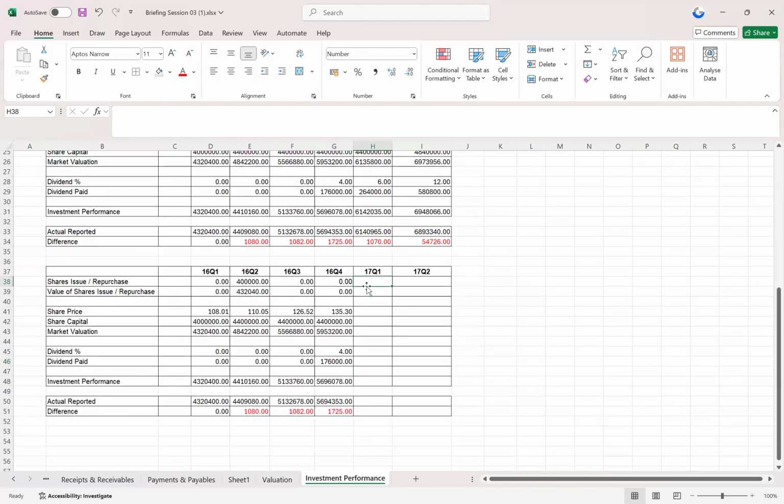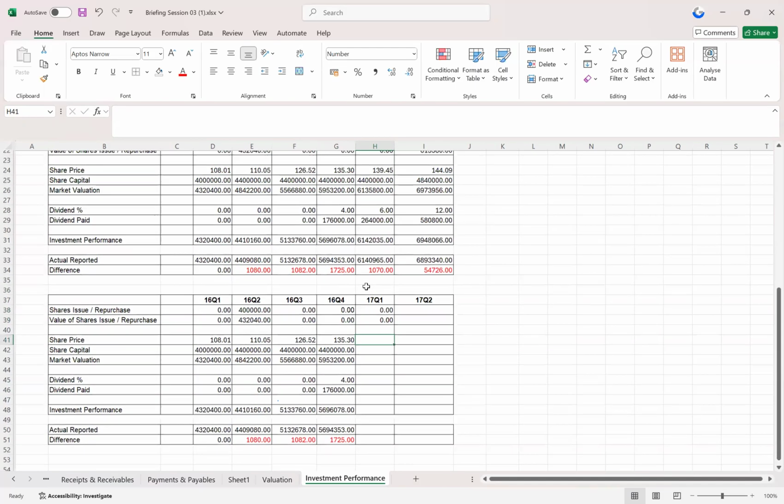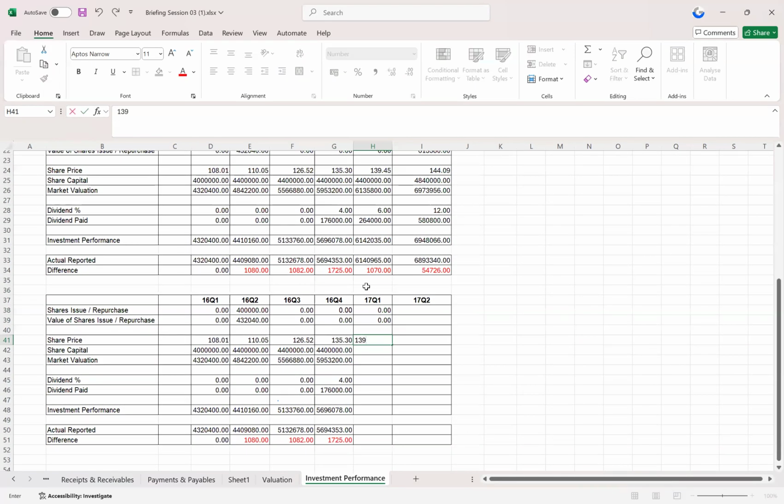Again, they did not do any share activity, 0. The share price increased to 139.45. No share capital, so the share capital remains the same. The market valuation increases. This time the dividend was 6%. So this was the value they paid.